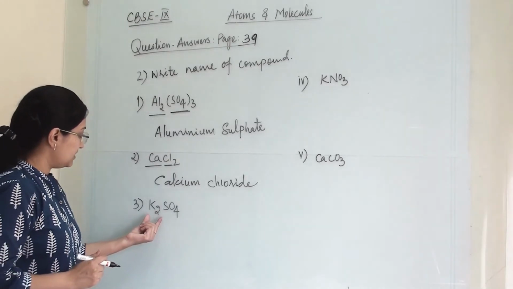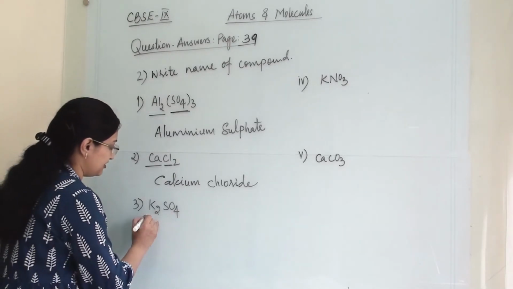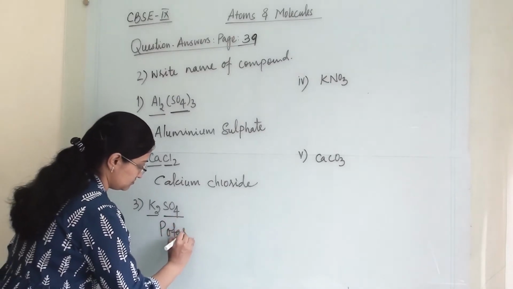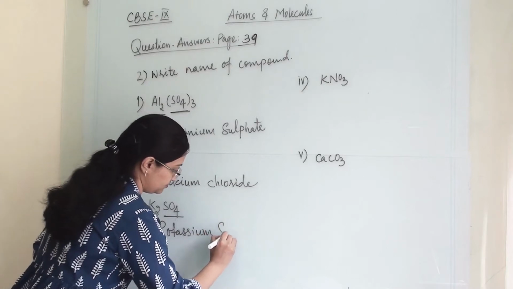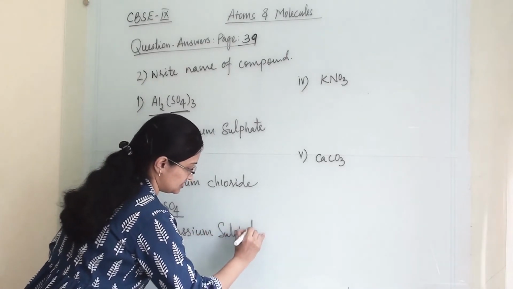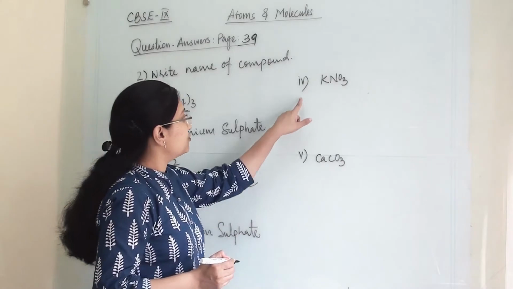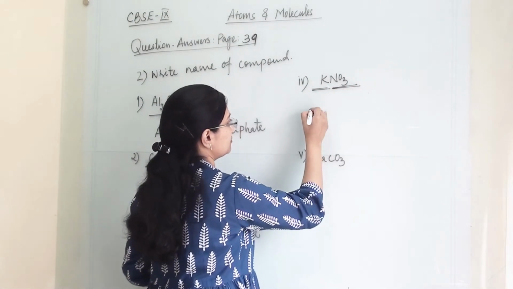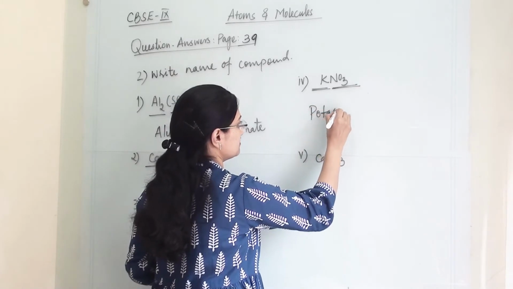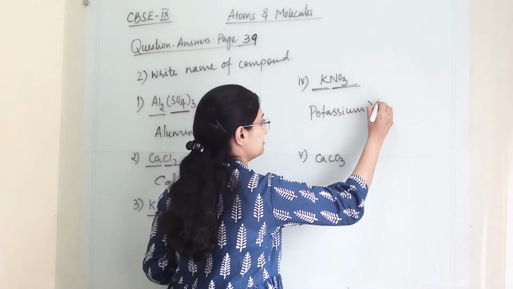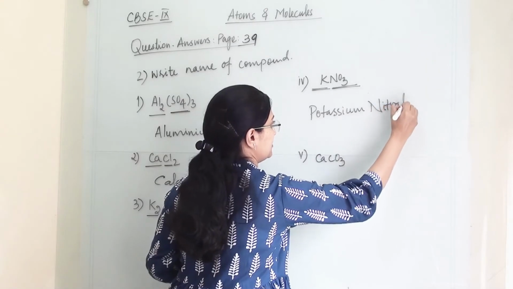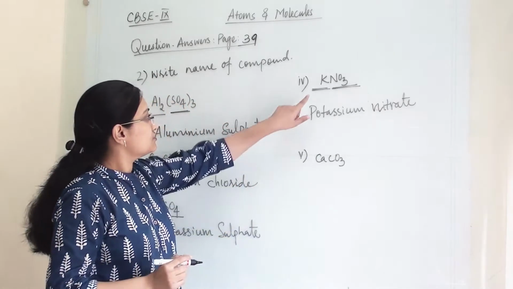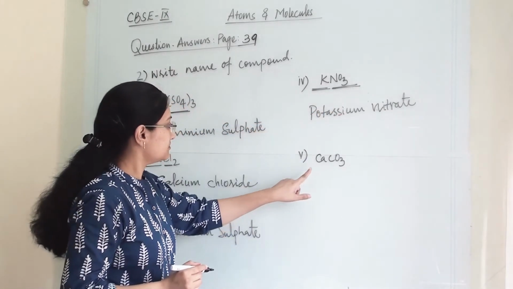Now the third one, potassium and sulfate. This is potassium, this is sulfate. So the name is potassium sulfate. Then the fourth one, this is potassium and this is nitrate. So the name is potassium nitrate.